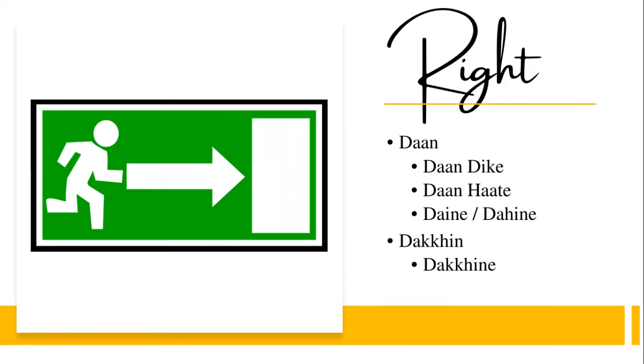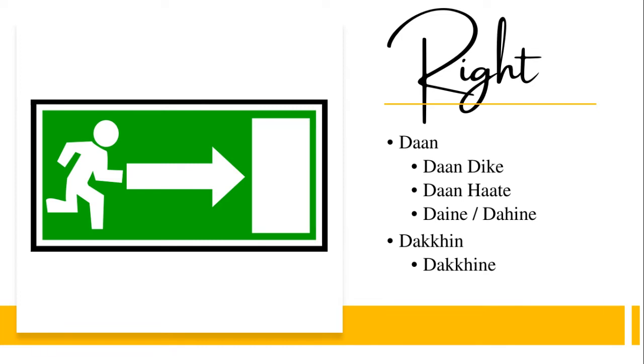Now to the right can have all these different forms. Dan dike. Dik means direction. Dan dike means to the direction of right. Hat is hand. Dan hate means to the right hand side. Or you can hear words like daine or dahine.